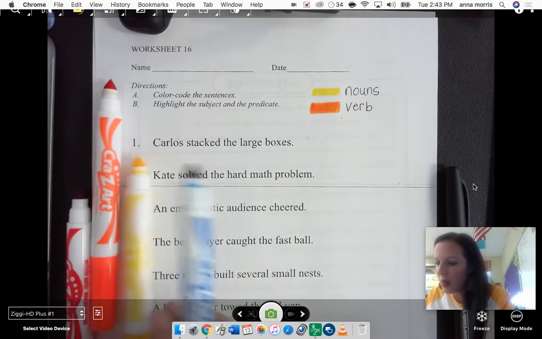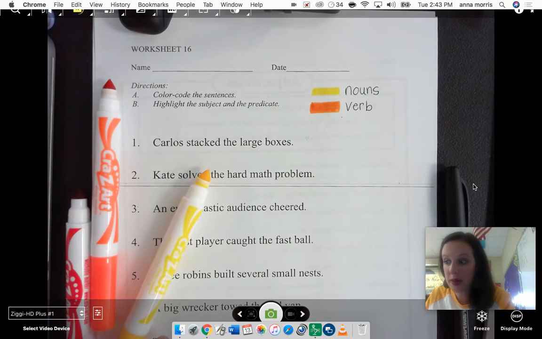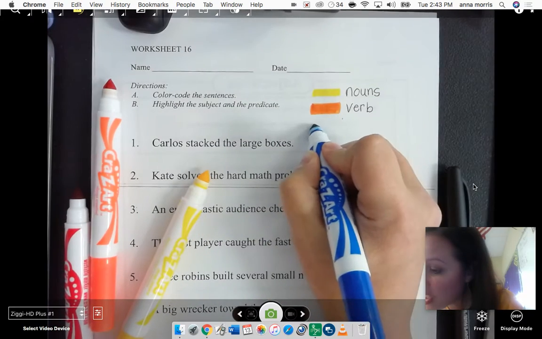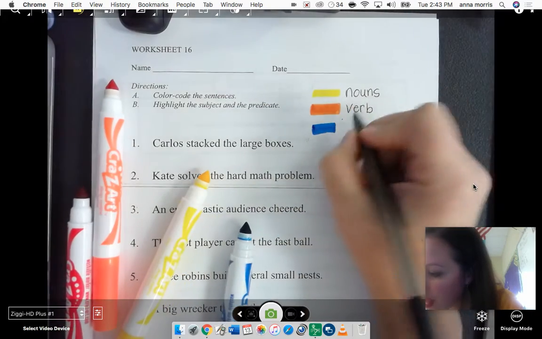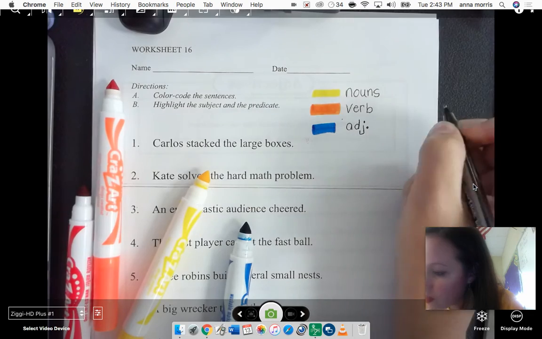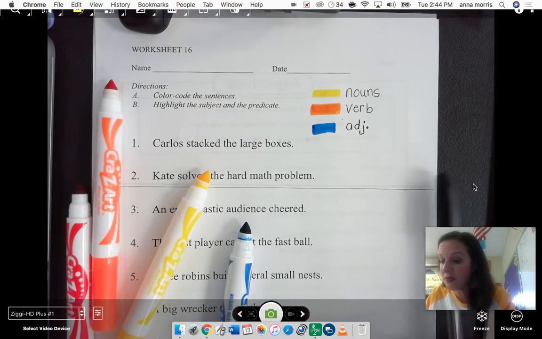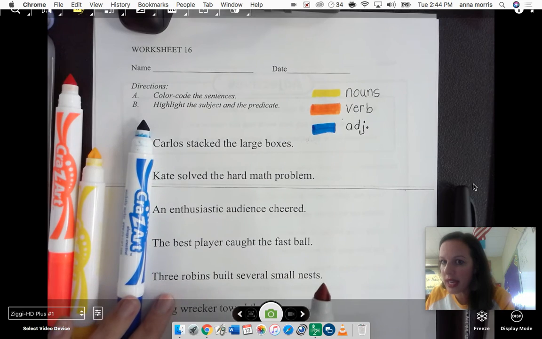Okay? We also learned that words that describe nouns are called adjectives. And that looks like this. And finally, we're going to introduce something new today.